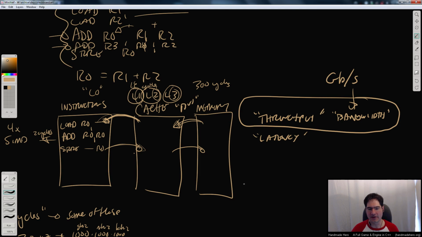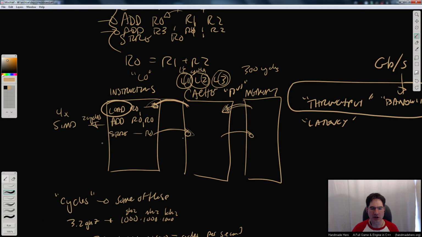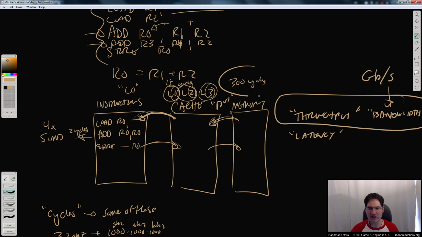The latency on the memory, again, exactly analogous to what it was in the instruction case, talks about how long it takes from the time we ask for a piece of memory to when we will get that piece of memory back. And it works exactly like instructions. If we issue a load, and let's say it takes 300 cycles to get memory, we will have to issue that load, and then 300 cycles will transpire before we get that particular piece of memory back.